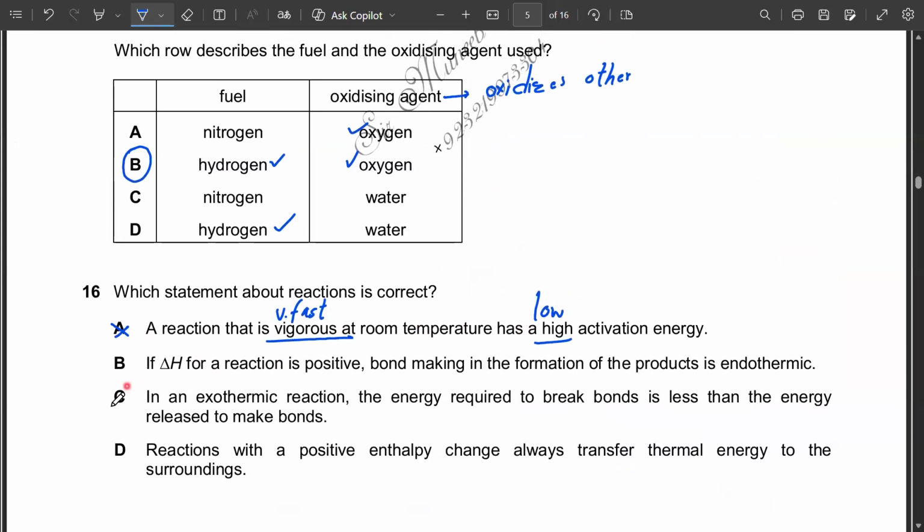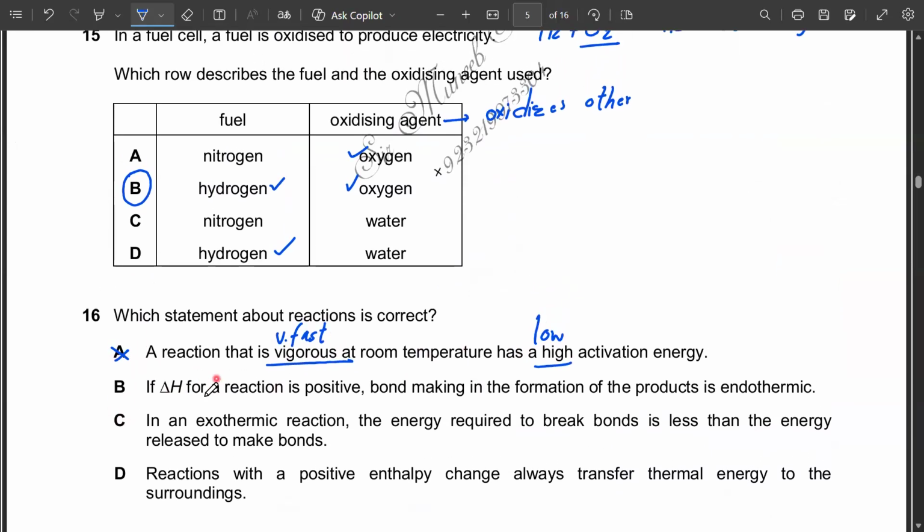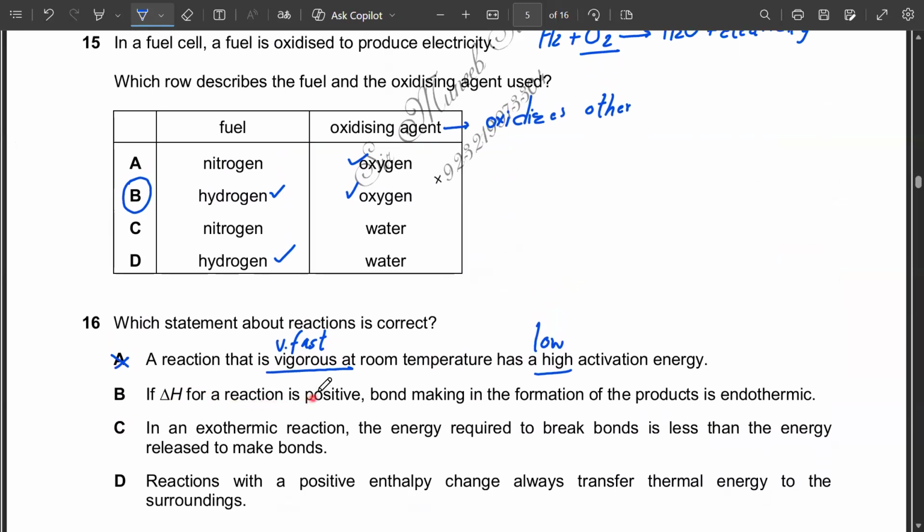Then option B says, if delta H for a reaction is positive, bond making in the formation of the products is endothermic. We can easily be confused by these words. Delta H positive does mean it is an endothermic reaction. It is correct.